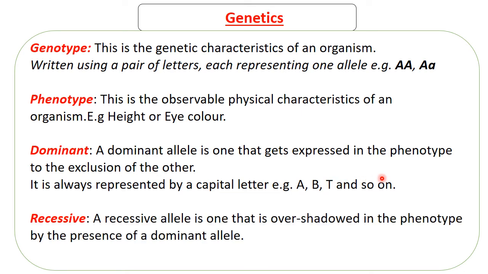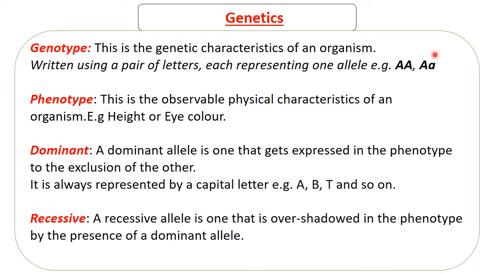A recessive allele is one that is overshadowed in the phenotype by the presence of a dominant allele. So a recessive does not appear in the phenotype. You cannot see it, you cannot hear it, and the likes. It is always overshadowed because there is a dominant allele. But if there is no dominant allele, then you can observe it, you can see it.